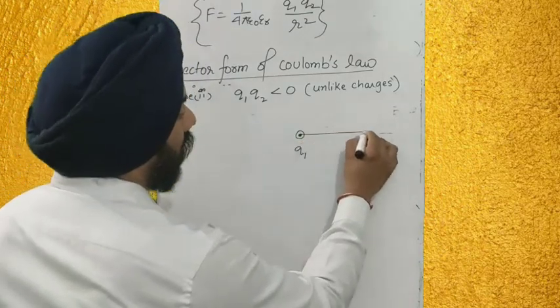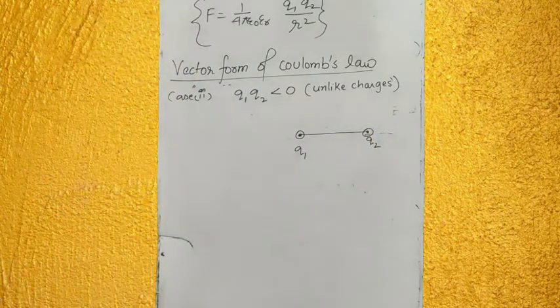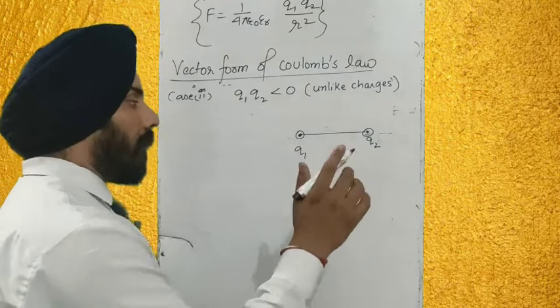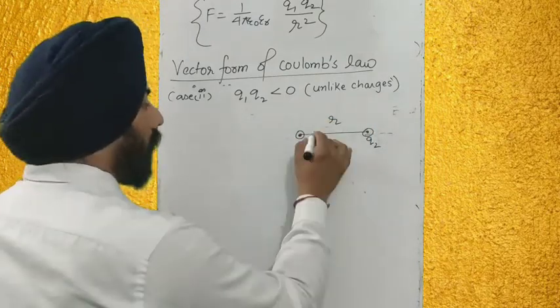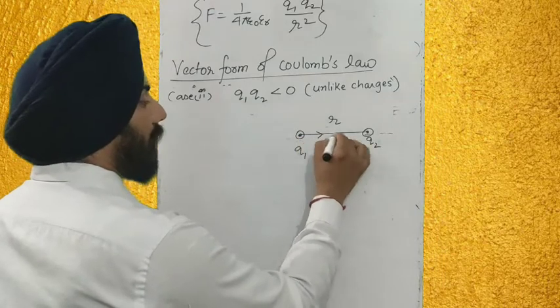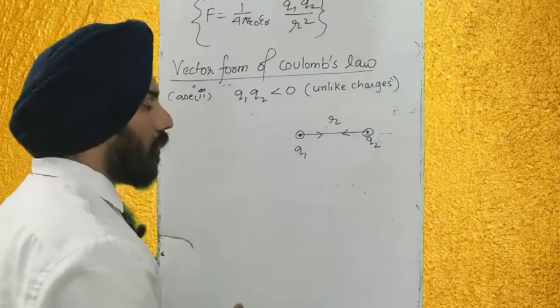Q1 and Q2 are unlike charges. That means they will attract each other. That means Q1 is attracting Q2 and Q2 is attracting Q1.